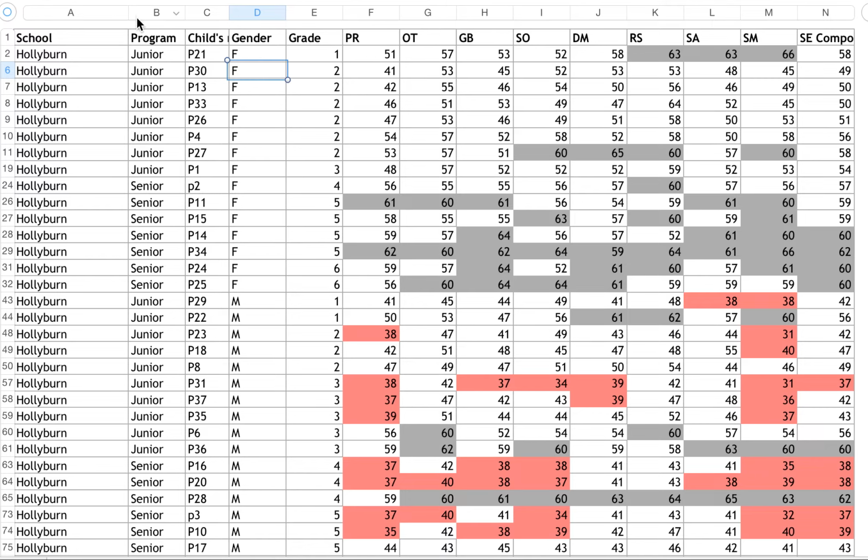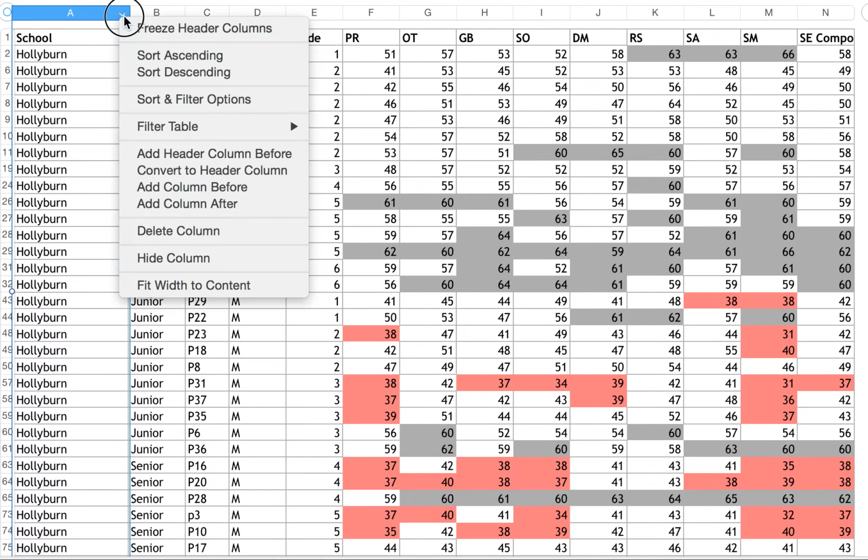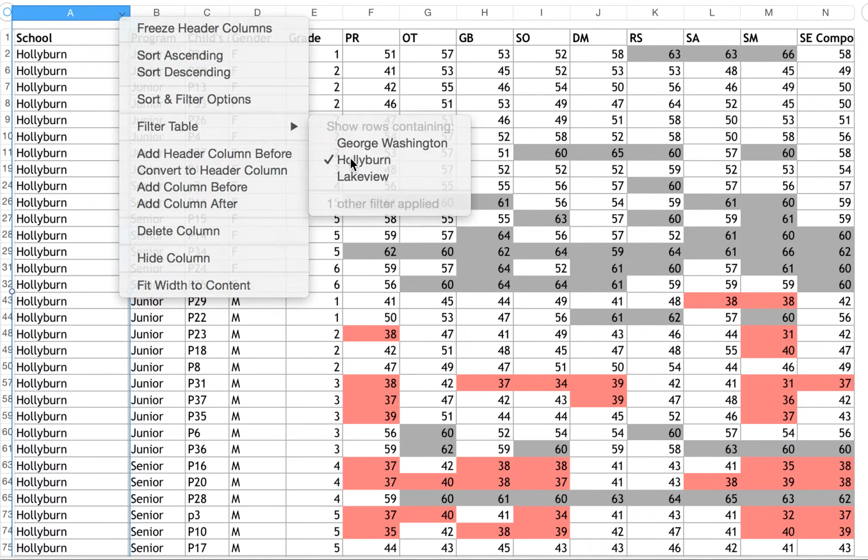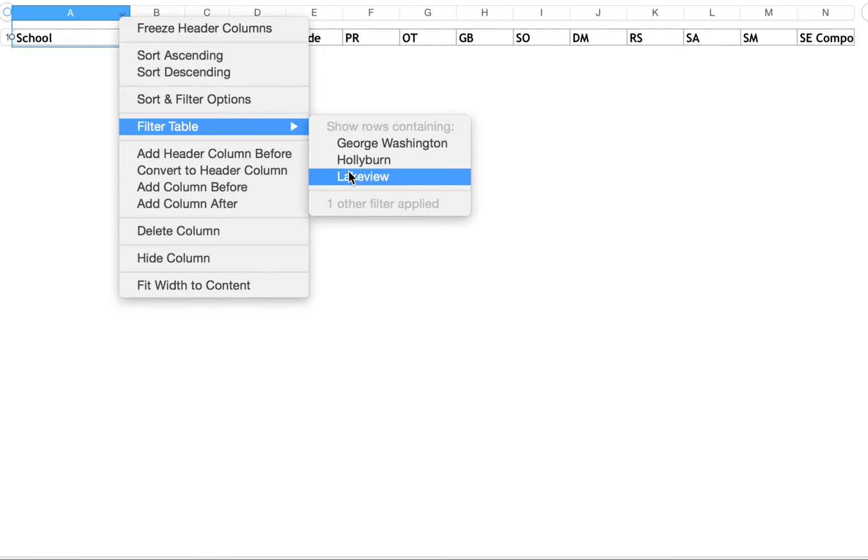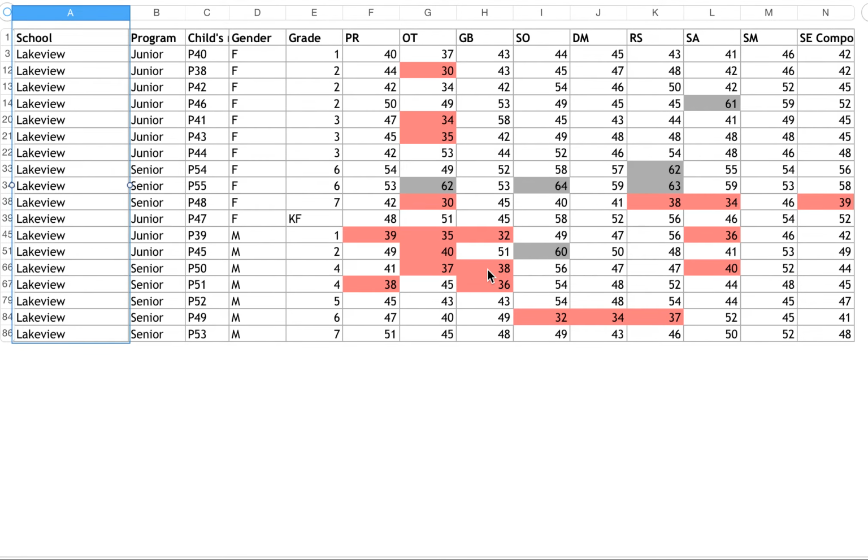Let's go back and take a look at Lakeview again. We can clearly see that whereas the majority of students scored in the typical category for the self-management competency, the optimistic thinking category has a significant number of students who are in need.